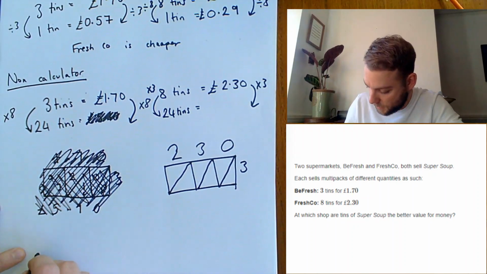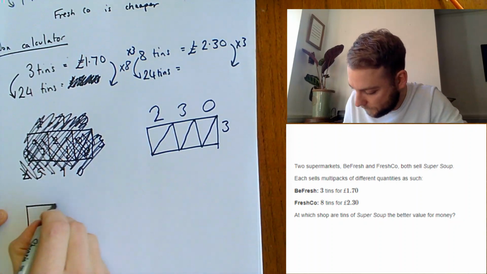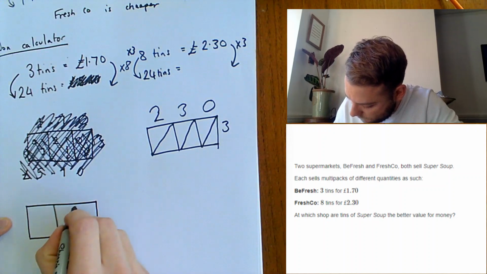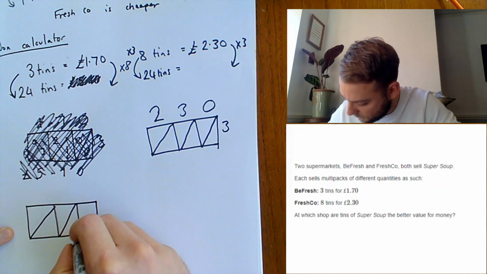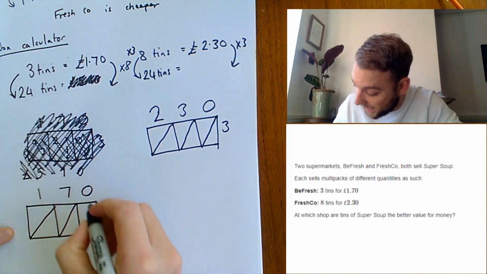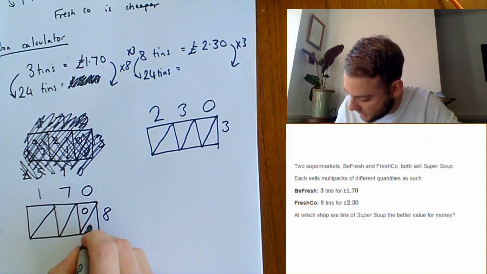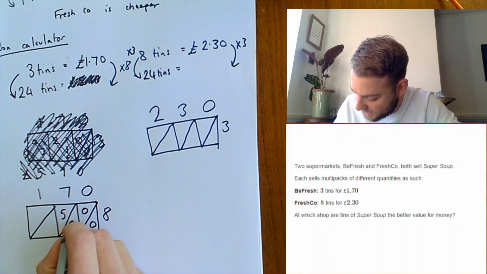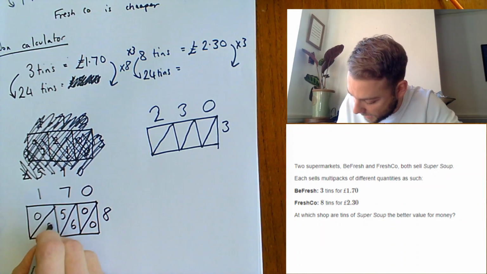So, let's do this down here so you can see it. So, bottom left, top right, bottom left, top right, bottom left, top right. £1.70 times by 8. 0 times 8 is 0. 7 times 8 is 56. 1 times 8 is equal to 8.